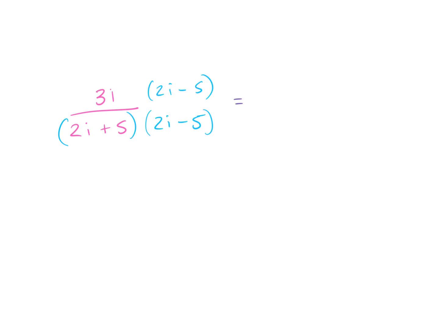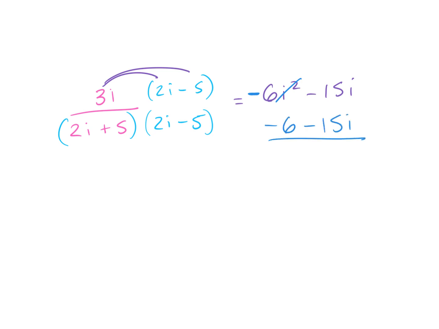So what should I do on the top? I don't have to FOIL. We're going to distribute. So this becomes 6i squared minus 15i. Let's simplify it a little bit more. The i squared turns into negative 1, which makes it a negative 6 minus 15i. Perfect. Now we can do our conjugate shortcut on the bottom. So our conjugate shortcut is a squared minus b squared. So our a is 2i squared minus 5 squared.